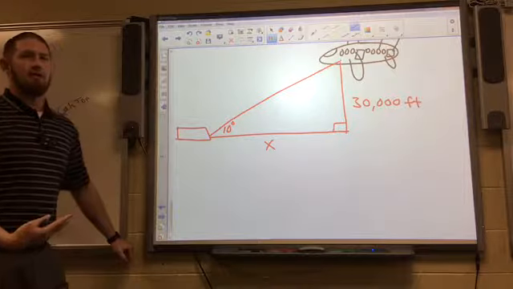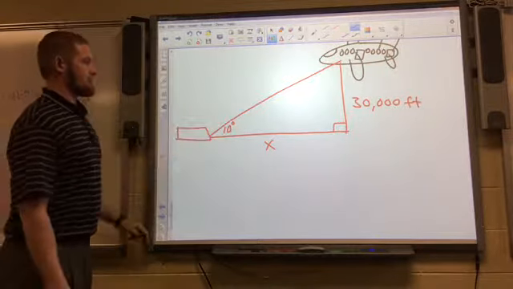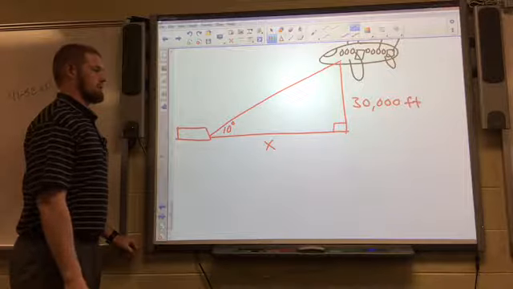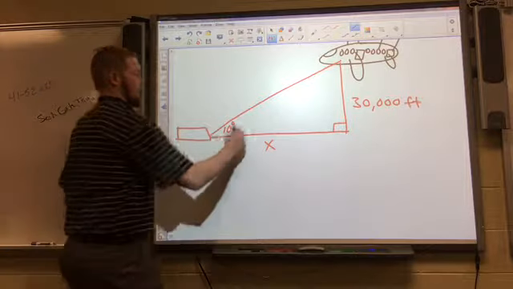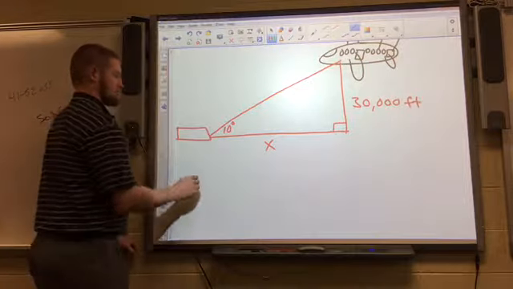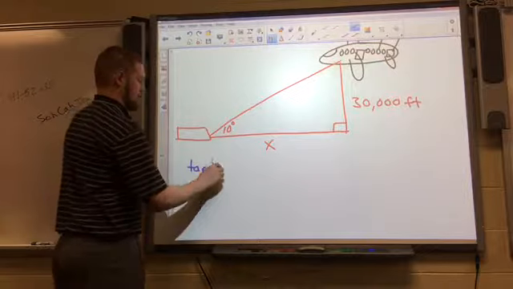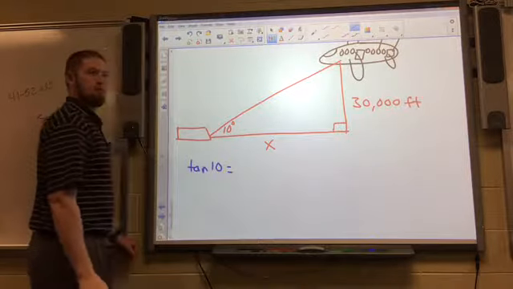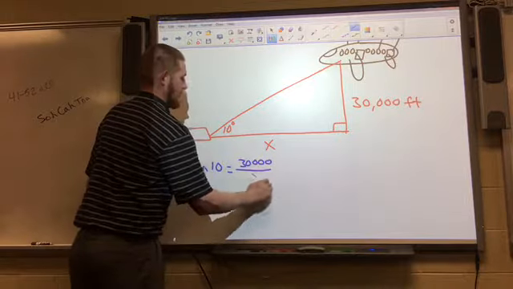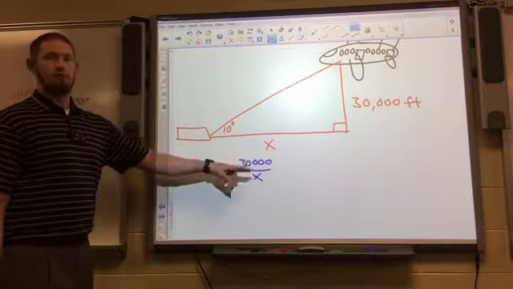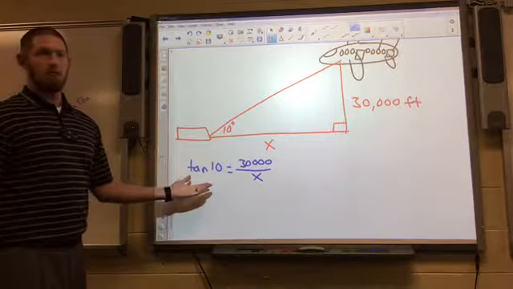I can't use Pythagorean theorem because I don't know this distance. But what trig function can I use to find my unknown length? I have my opposite and I want my adjacent, so that's tangent, I heard somebody say. Tangent of 10 equals 30,000 over x. Again, if you flip this wrong, it's going to make a big difference. You could use cotangent.